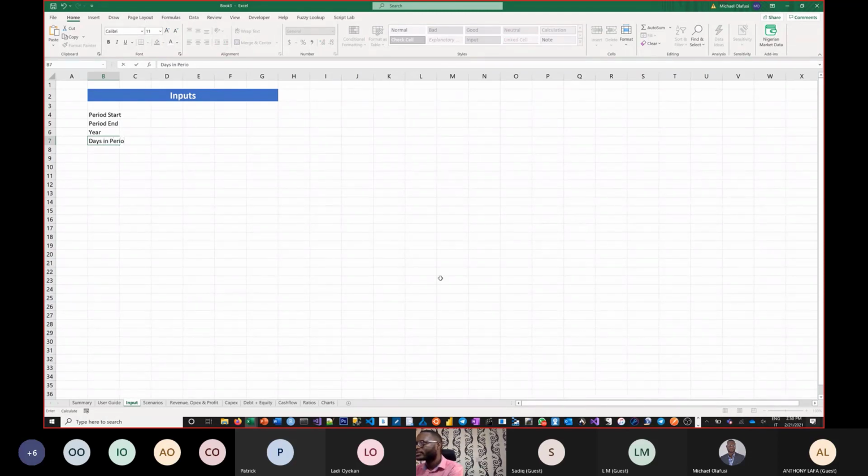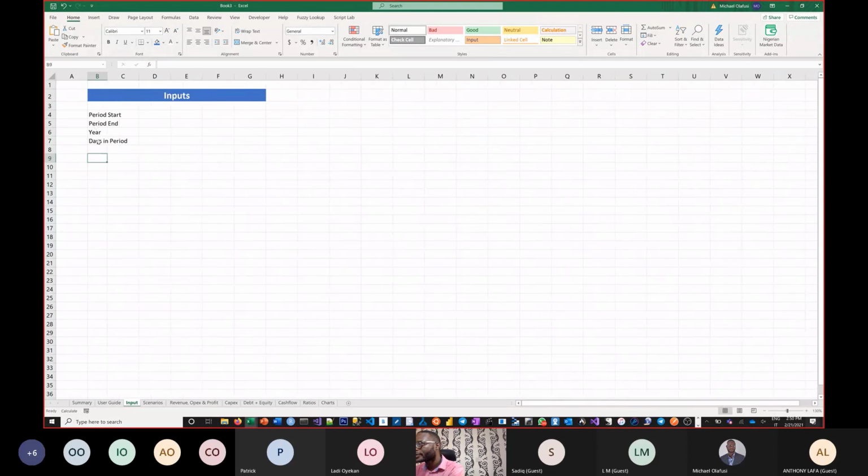Quarterly is much more common, so I'm going to do this one quarterly. So the project timing, the project timing parameters.